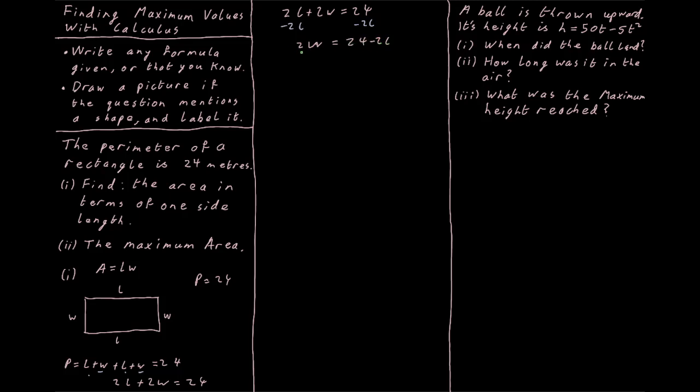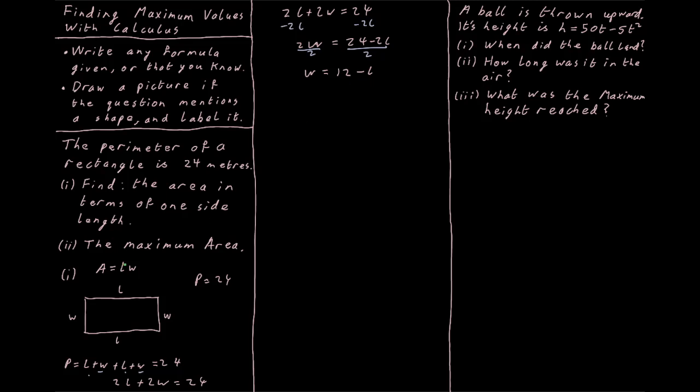I want to know what one width is, so I need to divide by 2. So the width of my rectangle would be, dividing both of these by 2, 12 minus L. So the width of my rectangle must be 12 minus L.